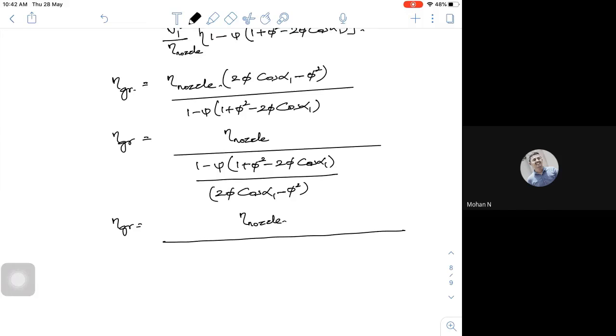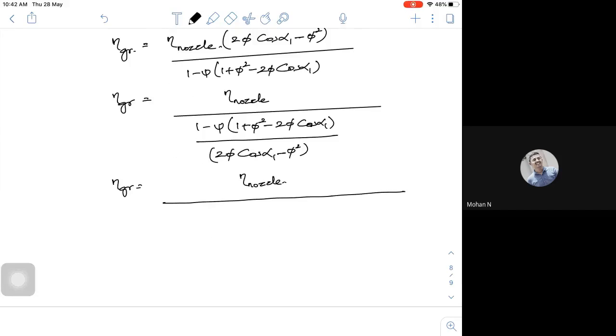Okay, I can open the bracket and see. If I open the bracket, this will be 1 minus psi, so minus phi square plus 2 phi cos alpha 1 divided by 2 phi cos alpha 1 minus phi square.